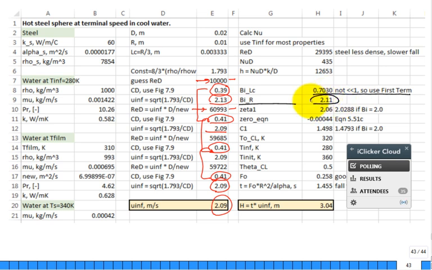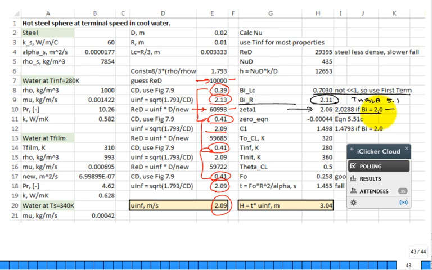And when we calculate the Biot number with the radius as the length scale needed in table 5.1, you find that it's 2.11. You have to do some interpolation, and you find zeta 1. If the Biot number is 2, then zeta 1 is 2.0288, which is the number in the table.